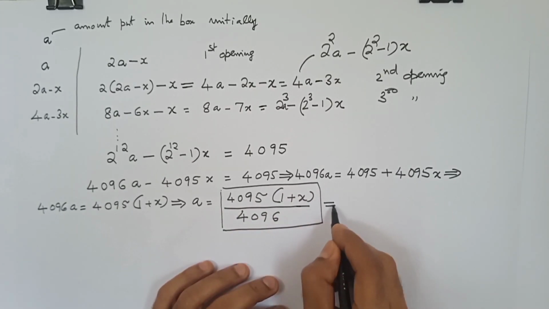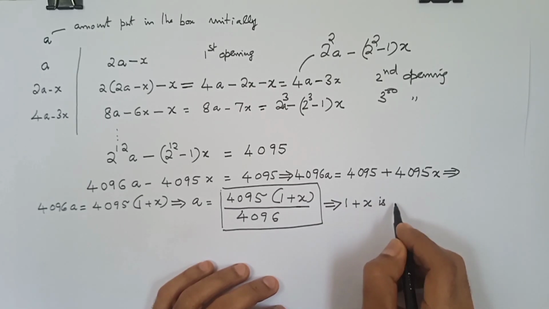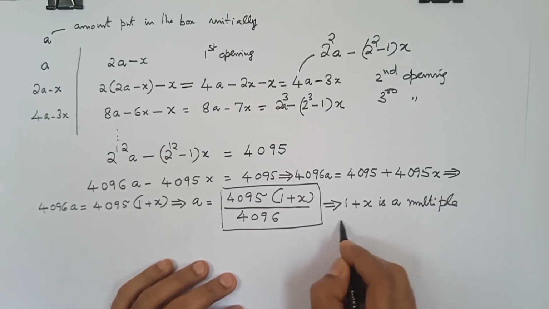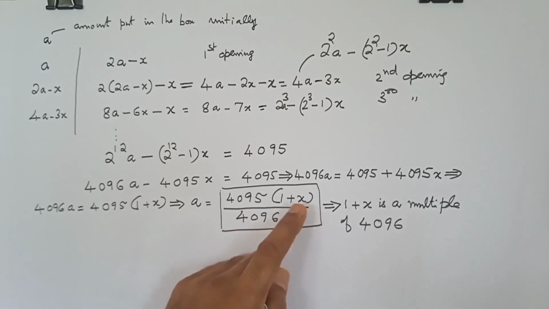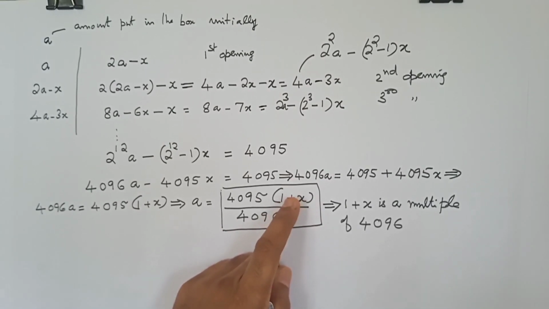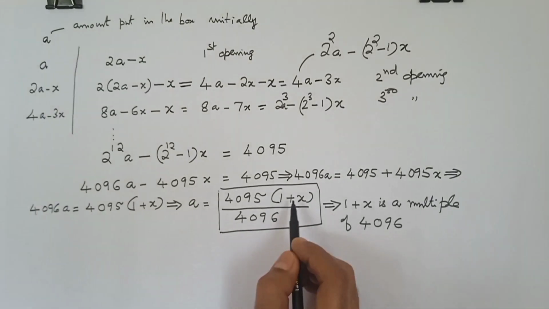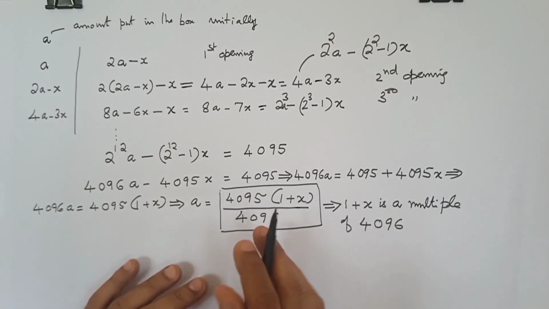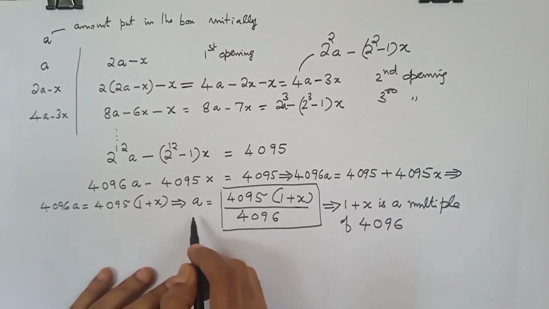Basically, what I mean is 1 plus x is a multiple of 4096. For any other values you substitute here, this will get simplified as again another fraction. But if you restrict 1 plus x to be a multiple of this, the whole thing will get simplified as an integer, which it should be because the left side is an integer.